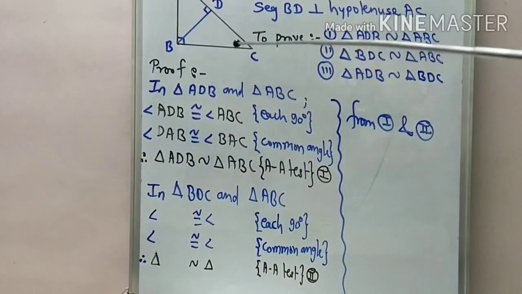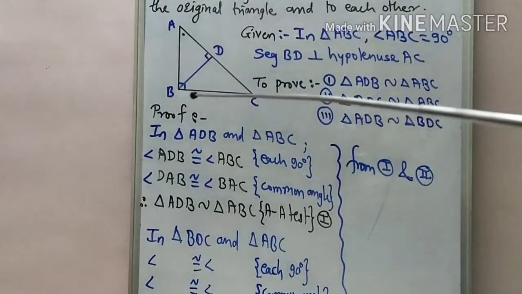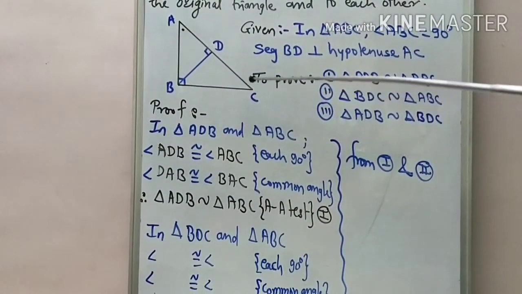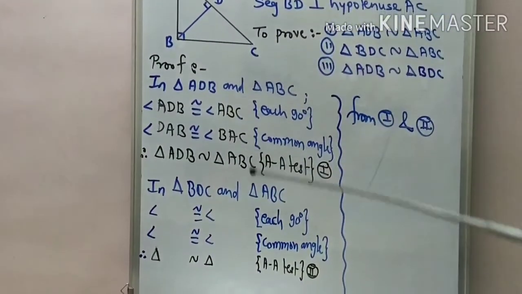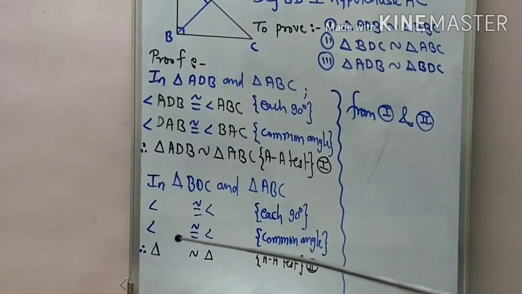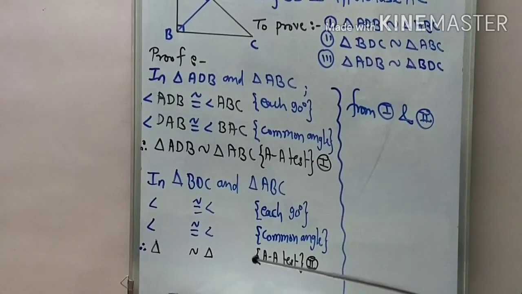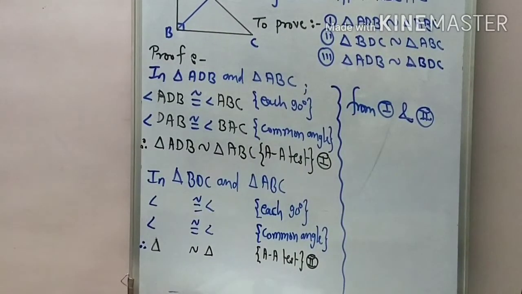C is the angle in the original triangle ABC, and the same C is in triangle BDC also. So we write that the common angle is congruent with itself, and again we get that the two triangles are similar by the AA test.